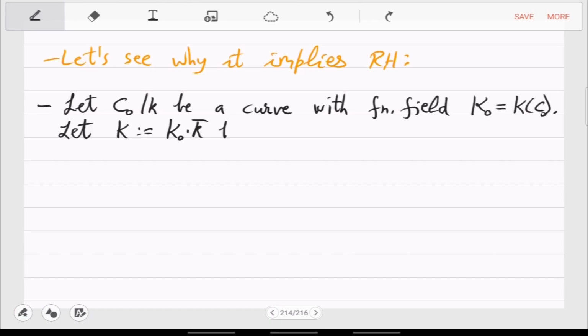So let this be the function field over FQ bar, which is of course the same as FP bar.